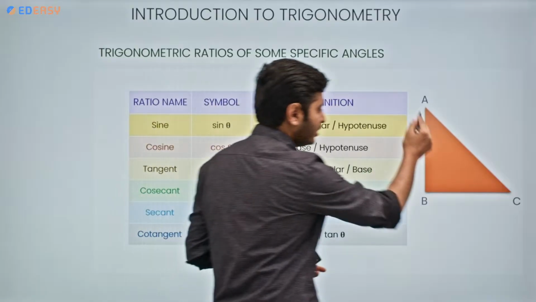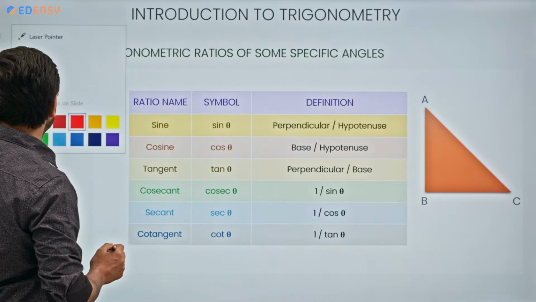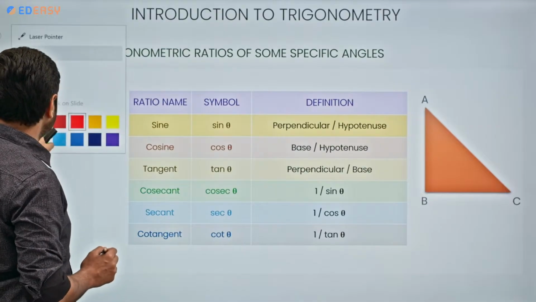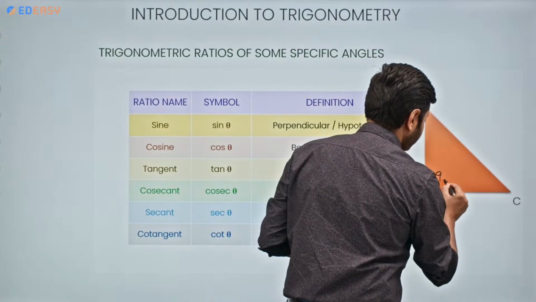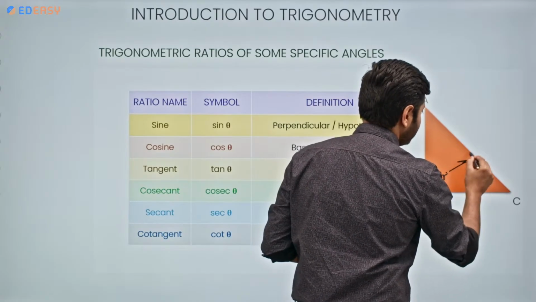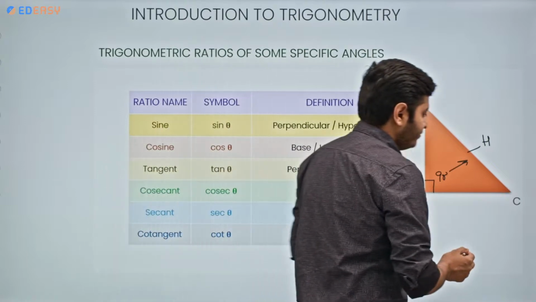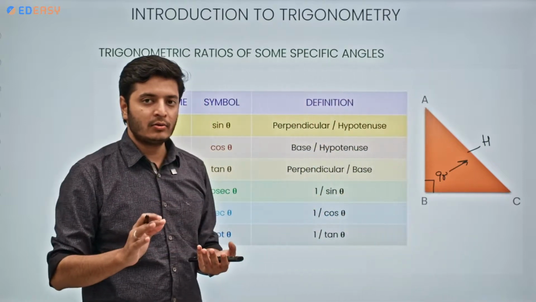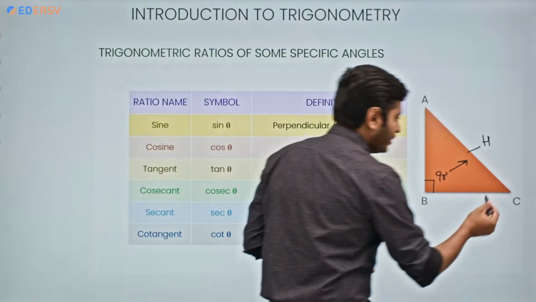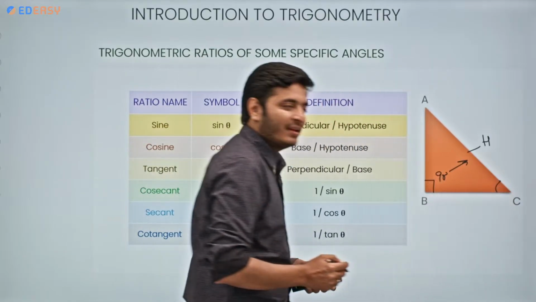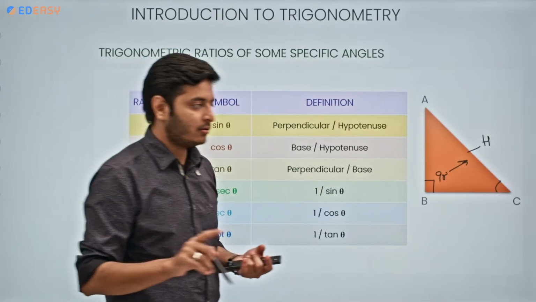Suppose we are talking about triangle ABC, let me use my pen. So this is the 90 degree angle. Side opposite to this angle is the hypotenuse. Now, depending on which angle we are referring to, we can have different perpendicular, different base, correct? Suppose we are referring to angle C. Then the side adjacent is the base of this triangle.